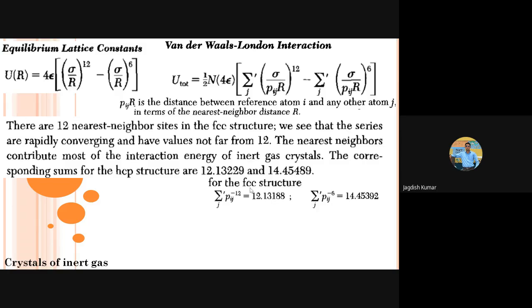So that is why the first term, this is what he's saying. Summation over Pij raised to the power minus 12, with sigma over r taken outside. It will come in the next expression. So this first term will give you 12.13188. Then the second term will also converge because it is raised to the power 6.